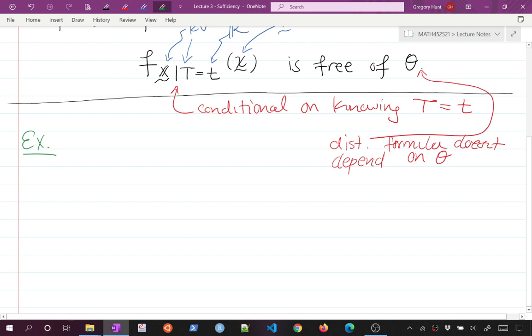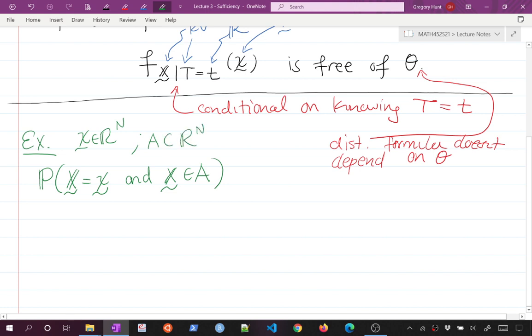Let's talk about probabilities. I want to make a statement: the probability that X is equal to little x. Here, capital X is my random variable, and little x is just some number. And I also want to say that X is in some set A. Here, A is just some arbitrary subset of R^n.